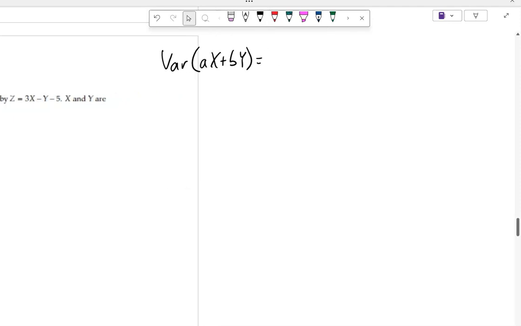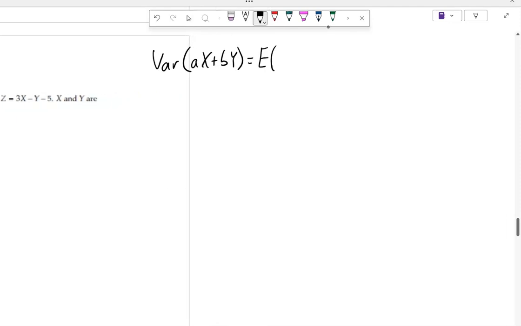Again, our working formula is the expected value of the variable squared minus the square of the expected value of the variable. In this case, our variable is the sum of 2 other variables, but that doesn't matter. That's our formula. Agreed?